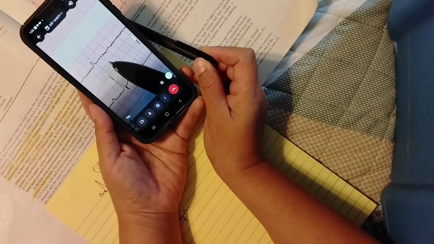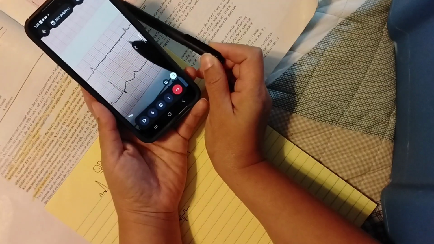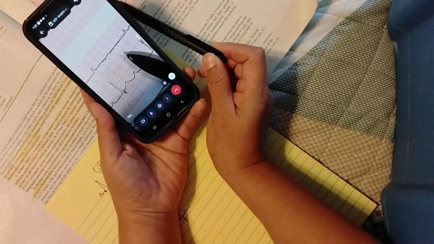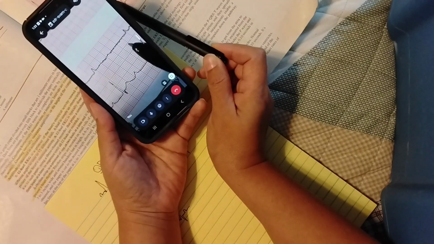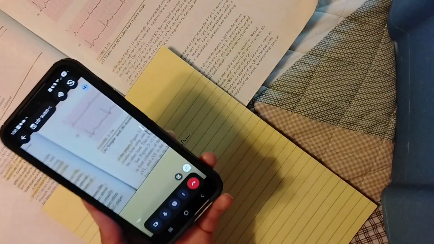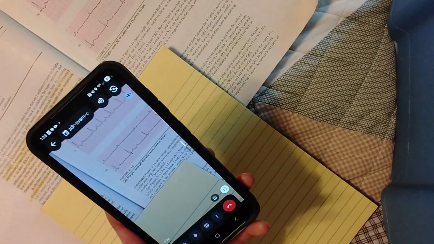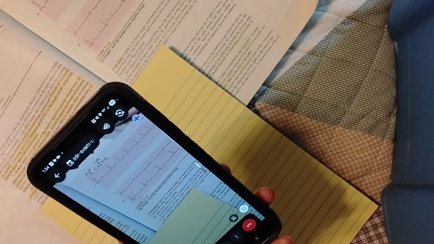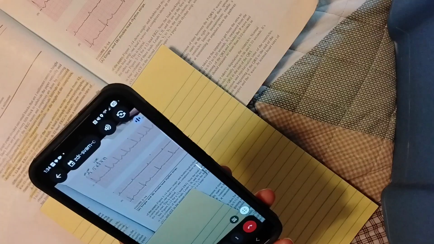So if it's 1, 2, 3, 4, 5, all these little boxes, it is 1 second. So they want to see usually what the patient's heart rate is running. The heart rate is supposed to be between 60 to 100 beats per minute.